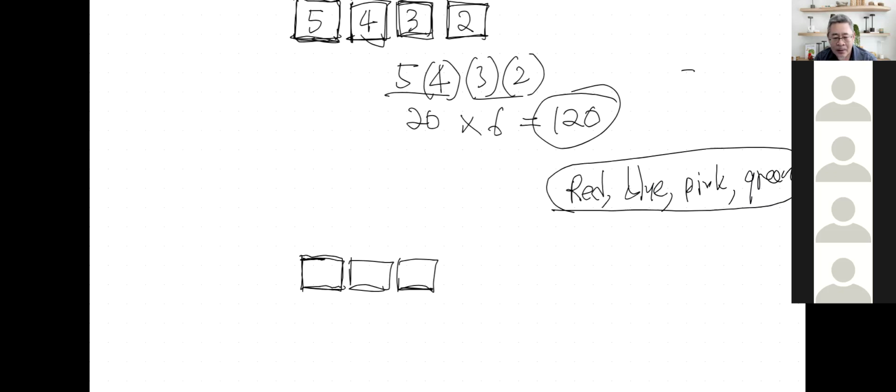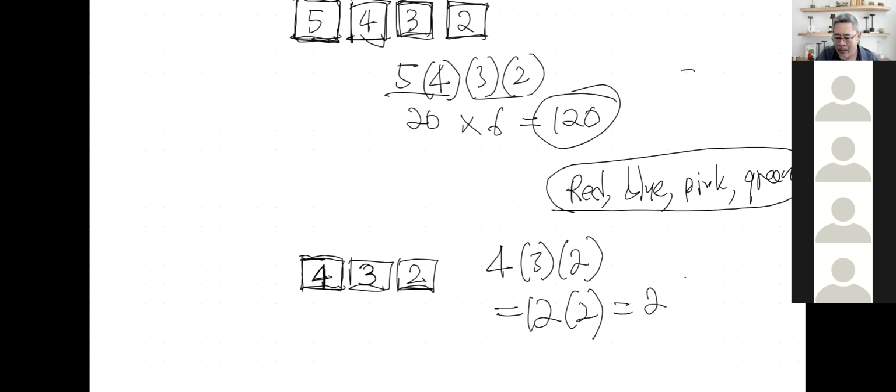Okay. Yeah, we got 4 here. And how many choices for the second one? Yeah, we got 3. How many choices then for the third one? Only 2, right? So we got 4 times 3 times 2. Then we got 12 times 2, 24. Okay, are we good on this one?